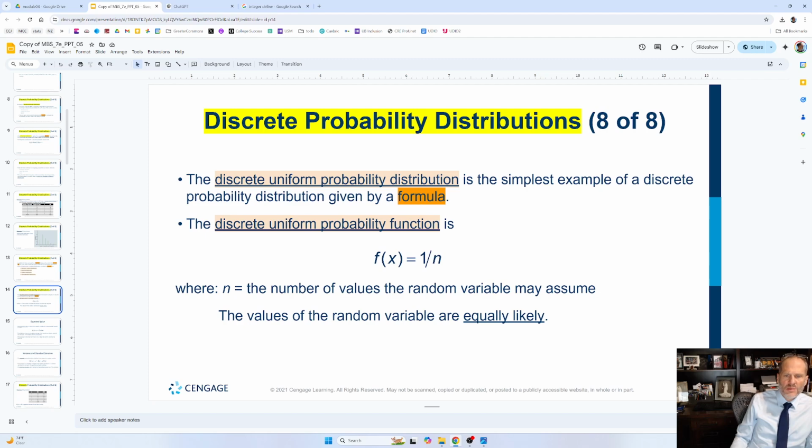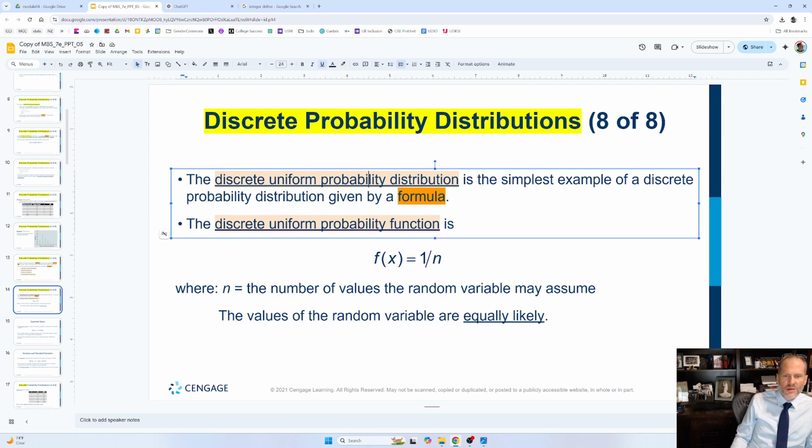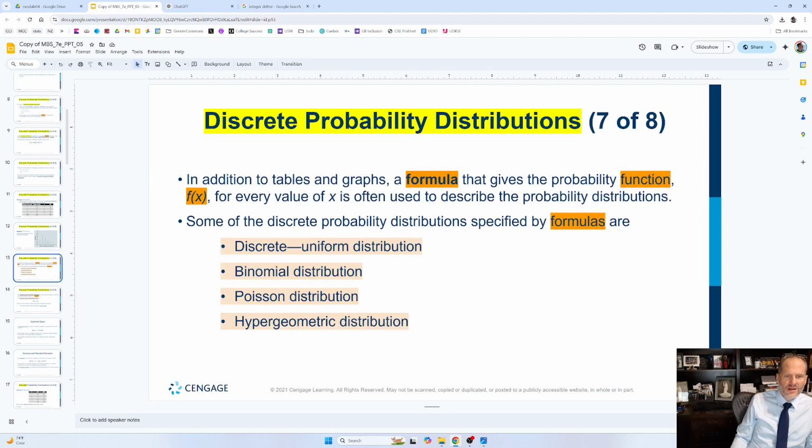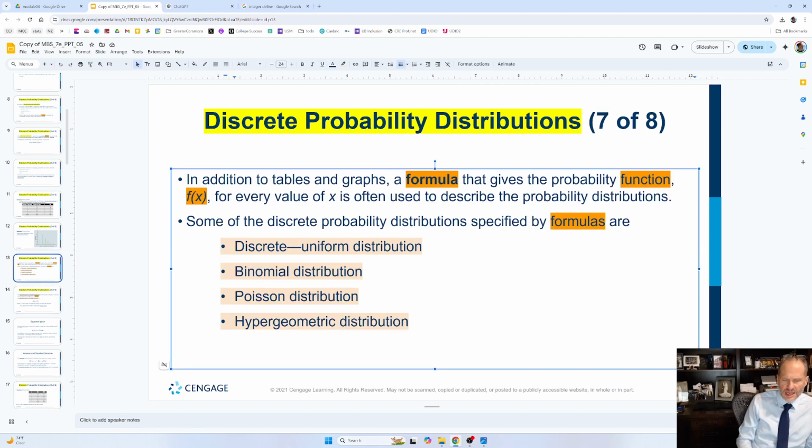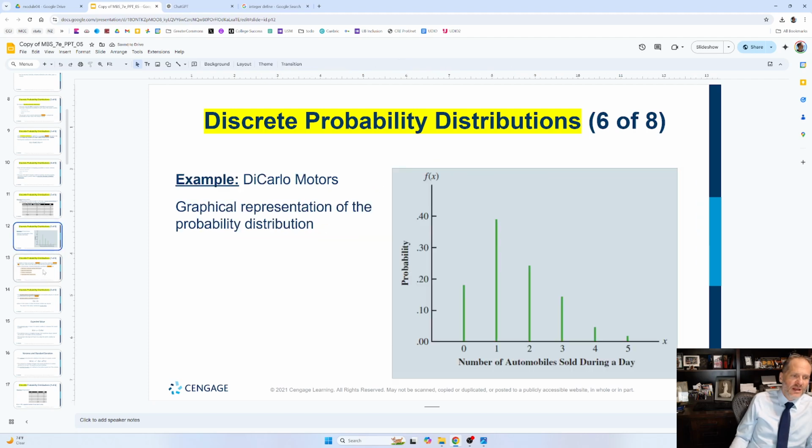And so here's the discrete uniform. A discrete uniform probability distribution is the simplest example of a discrete probability distribution given by a formula. Statistics is convoluted, the way they talk about stuff. Over here they were calling it something different, so I'm going to take out this dash and call it discrete uniform probability distribution, since that's what they call it on the next slide.